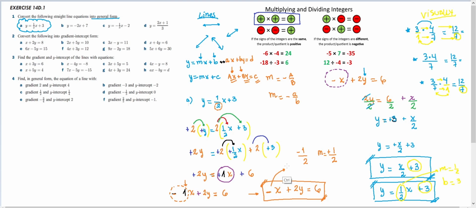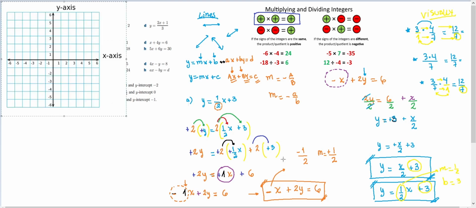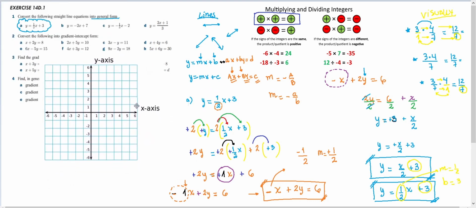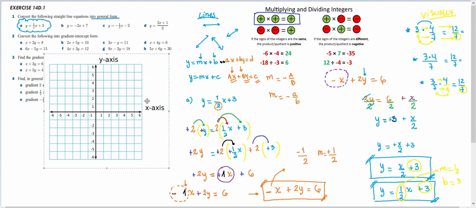Then to show you something else, I have the coordinate grid, and I'm going to plot this line. How do we plot lines? Remember, you start plugging numbers into the x, and you get your values in y. I'm going to plug a number 2. You know why?